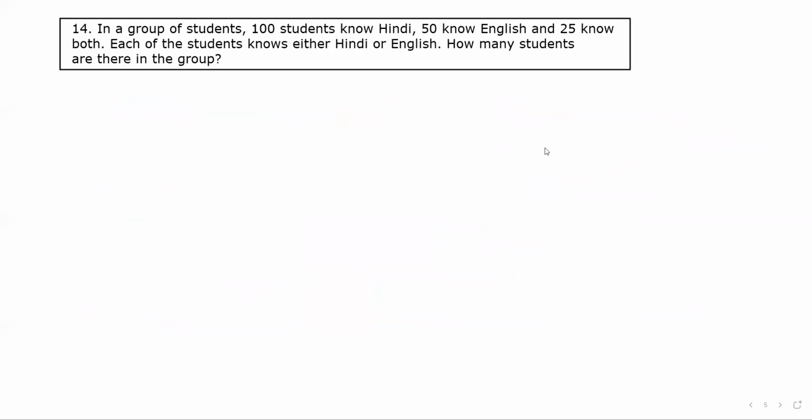Next, in a group of students, 100 students know Hindi, 50 know English, and 25 know both. Each of the students knows either Hindi or English. Again, you have an either or. So let us consider H as the number of students who know Hindi, E as the number of students who know English.